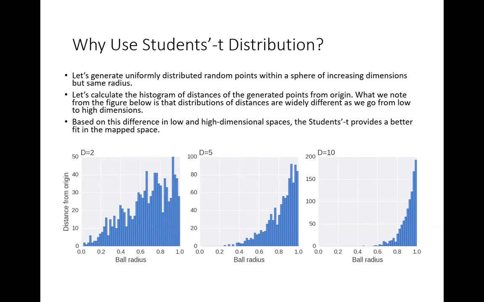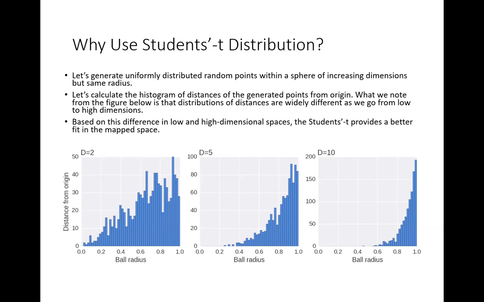That means whatever results under the assumption that the data has a student t distribution, those histograms match well with the method that we are using to map the points from high dimensional space to low dimensional space. So that's why the student t distribution is used in this stochastic neighborhood embedding method, and the resulting method is called the t-SNE method.